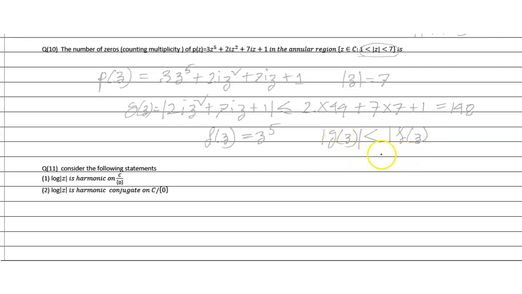So z to the power 5 has 5 zeros in the annular region.